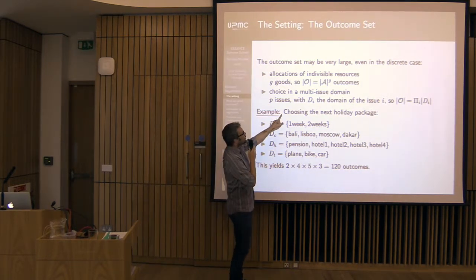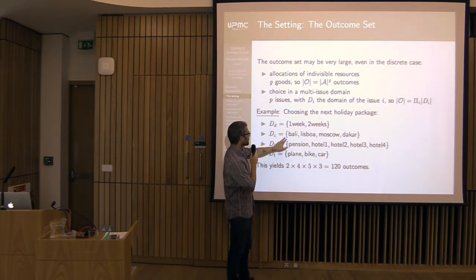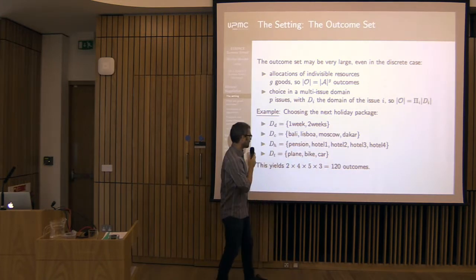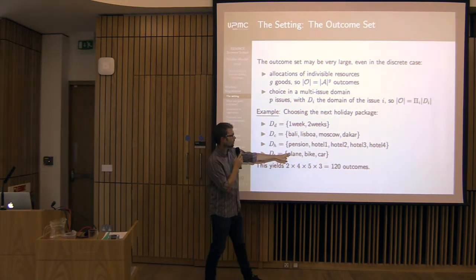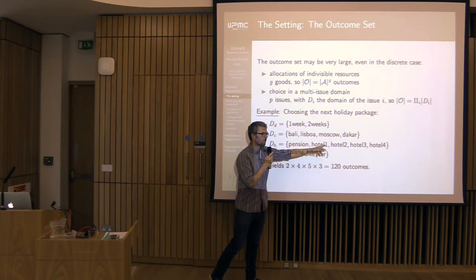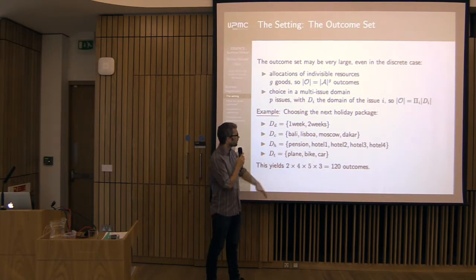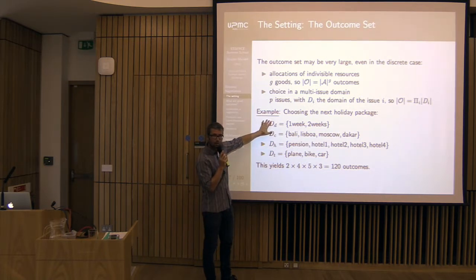If you take a multi-issue domain like this, you want to consider a package for the next holiday, you want to decide whether you go for 1 week, 2 weeks, the city where you go, so again Bali, or Lisbon, Moscow, or Dakar. You want to decide whether you go to a pension, or the first star hotel, and so on, or a plane, by car. So you want to decide on a package which would be a combination of all these different features, okay?